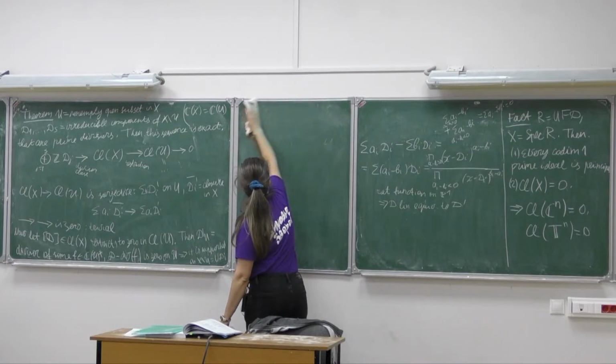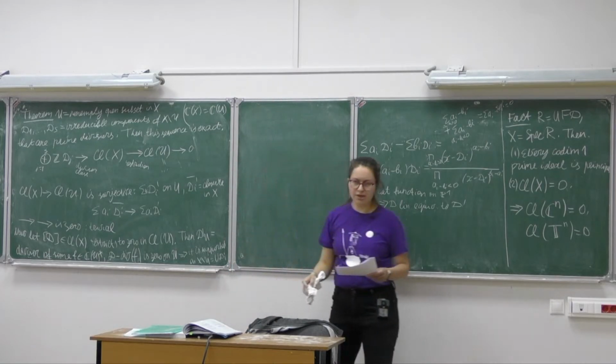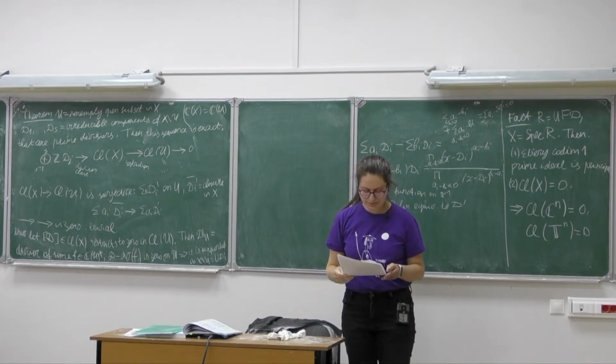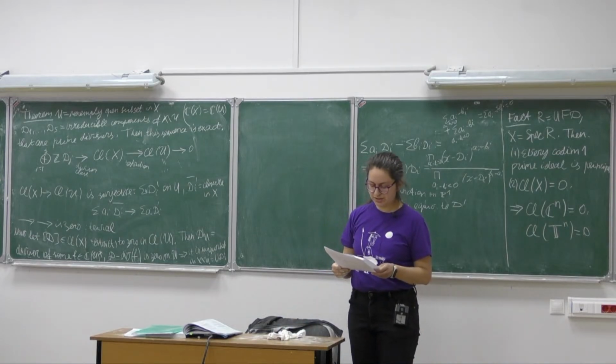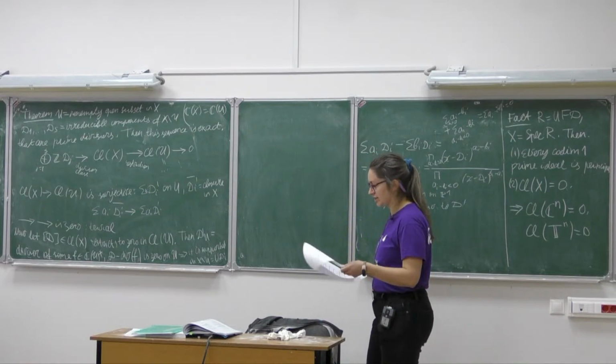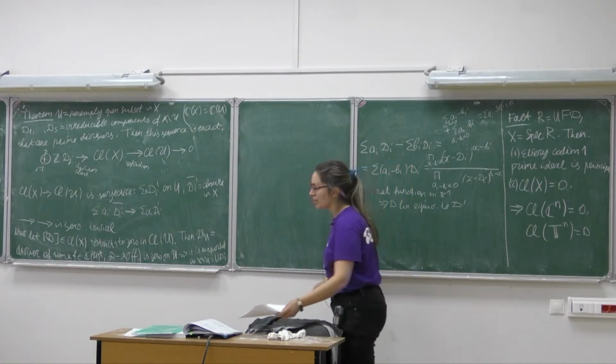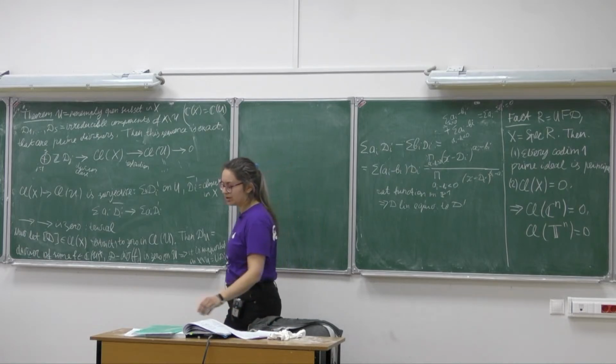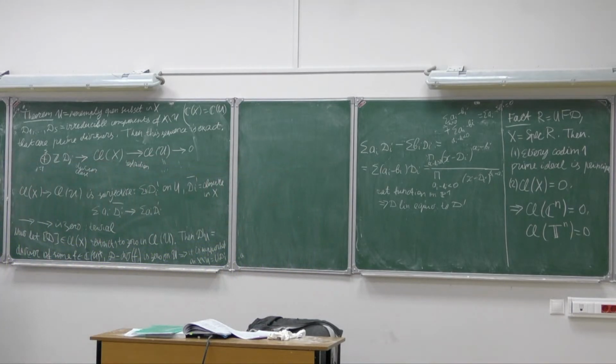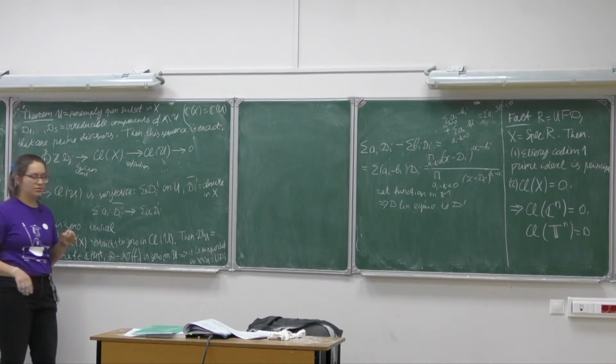Okay. And now I think we should pass to divisors on toric varieties. What do we have on toric varieties? First of all, maybe one non-obvious thing is that on toric varieties we use only the T-invariant divisors.